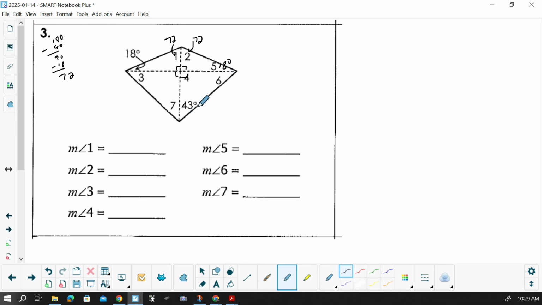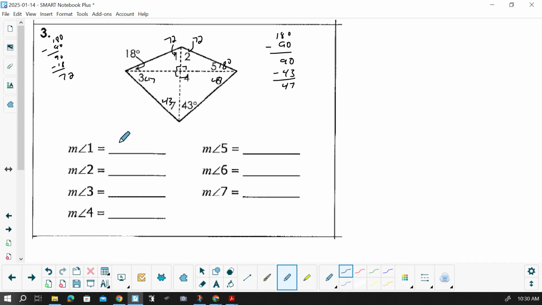Now these bottom triangles, 43, this one is also 43, okay? And we had the 90 in the middle, so 180 minus 90, because it's a triangle, is 90, then subtract that 43, and I get 47. So this is 47, and this one is 47.